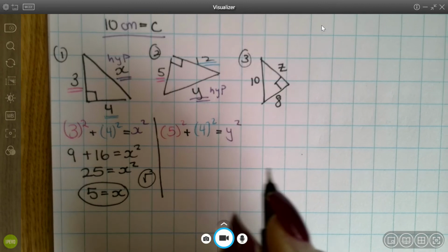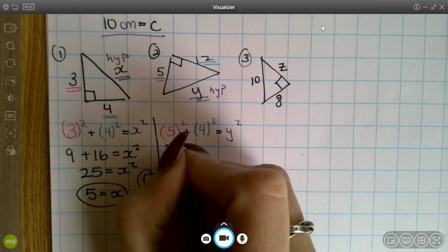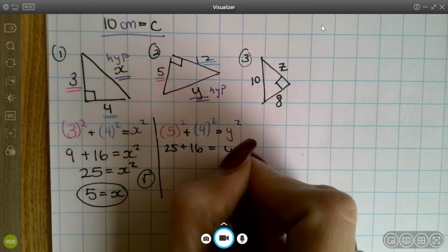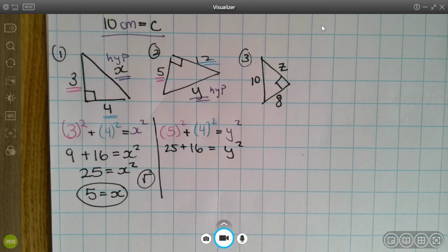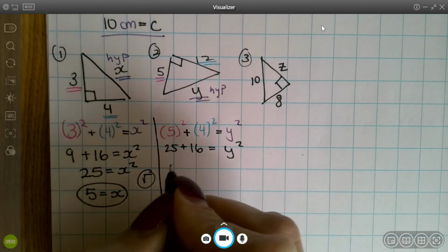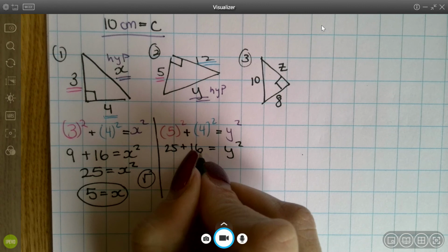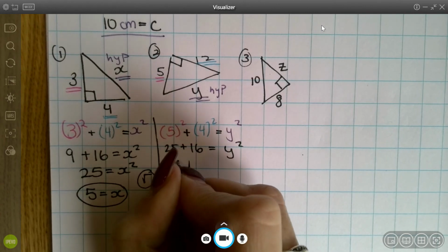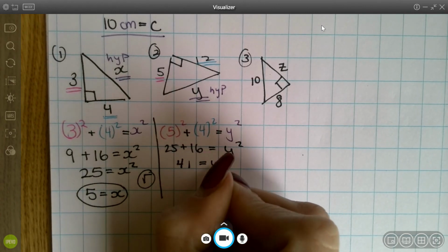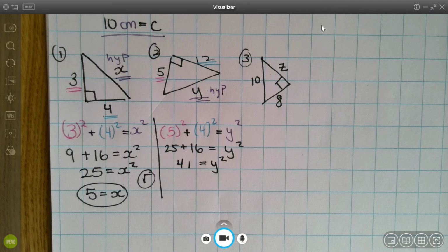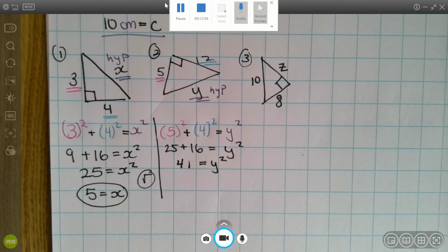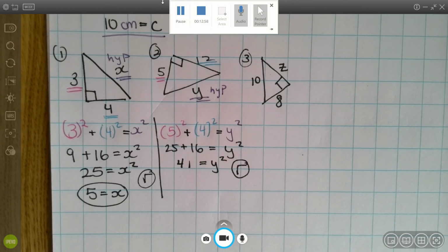For number 2, 5 squared is 25, plus 16 is our y squared, because y is our hypotenuse in this case. 25 and 16 gives us 41. And then to get rid of the square, you use the inverse, the square root.